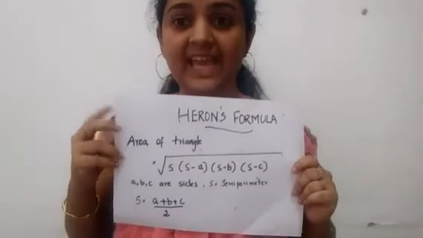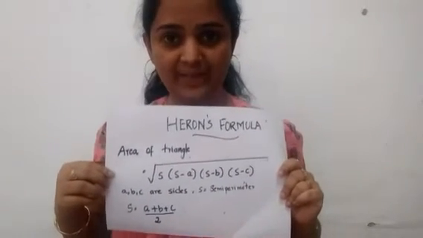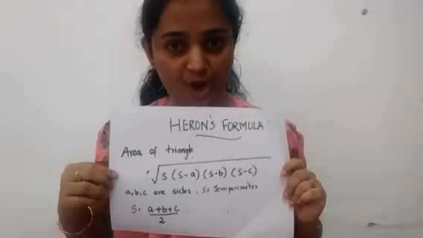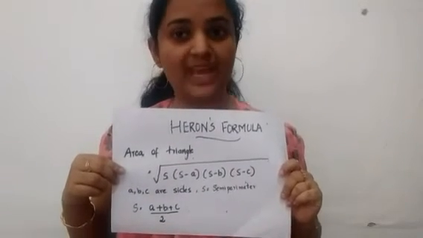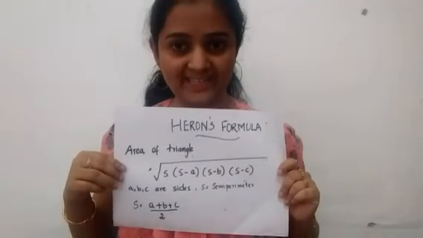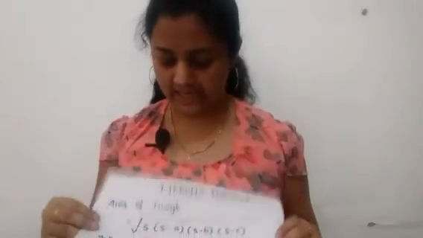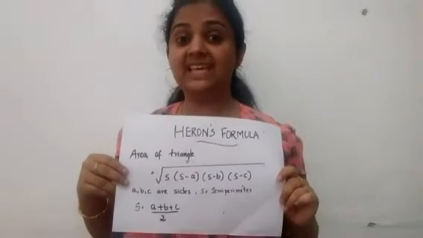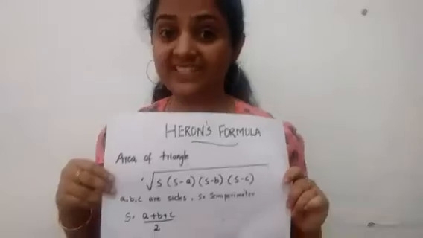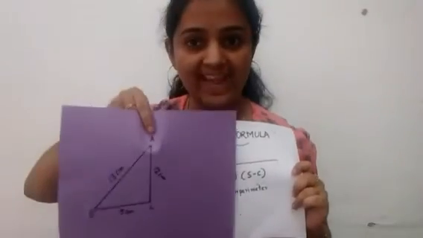Look, area of triangle is equal to the square root of s into s minus a into s minus b into s minus c. What are these? a, b, c are the dimensions of this triangle. Which triangle? Our triangle here.